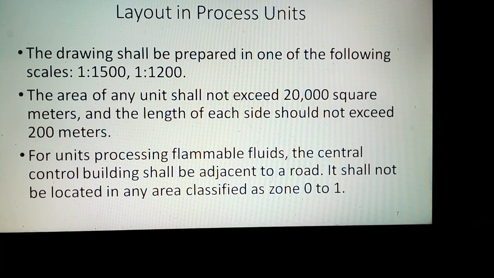The area of any unit shall not exceed 20,000 square meters, and the length of each side should not exceed 200 meters. For units processing flammable fluids, the central control building shall be adjacent to a road. It shall not be located in any area classified as Zone 0 to 1.